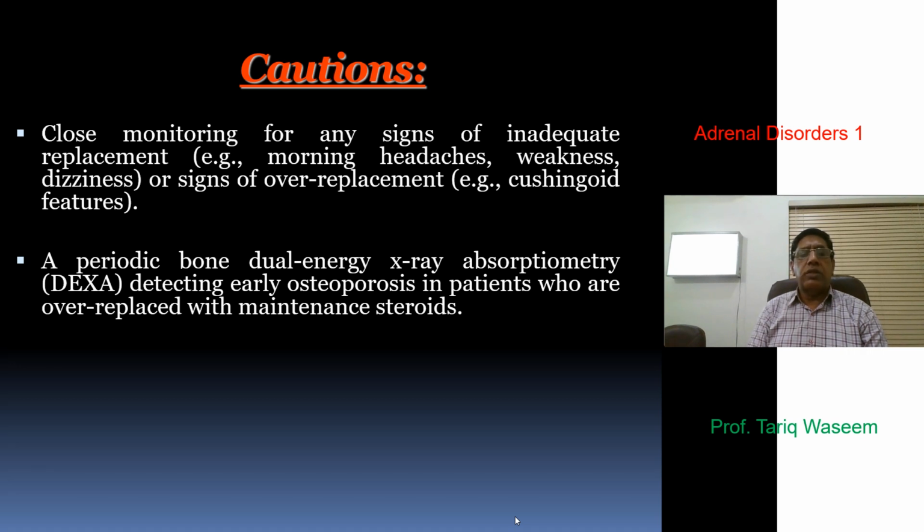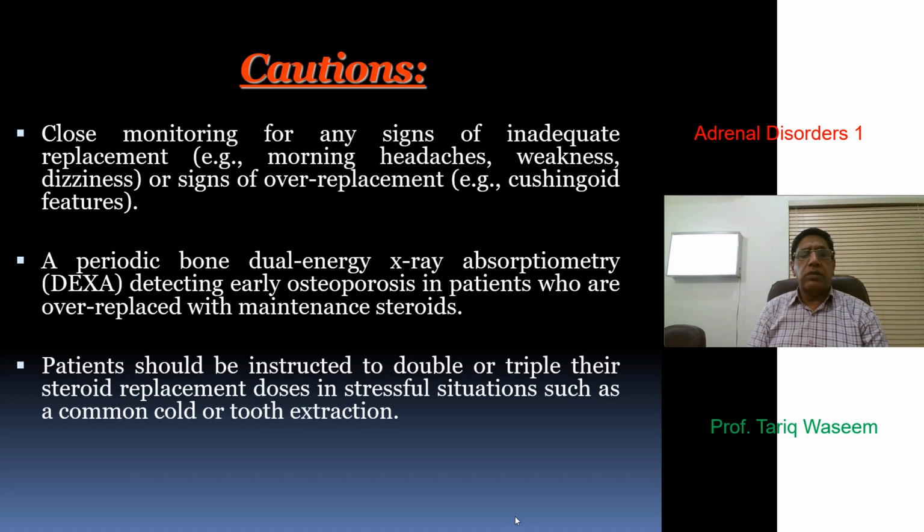So in the majority of these patients, a periodic bone DEXA scan, or dual energy X-ray absorptiometry, should be done to look for any early osteoporosis developing. Patients should also be instructed to double or triple their steroid replacement doses, particularly in stress situations such as common cold, tooth extraction, or infection.